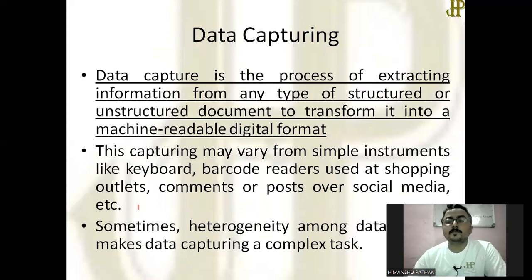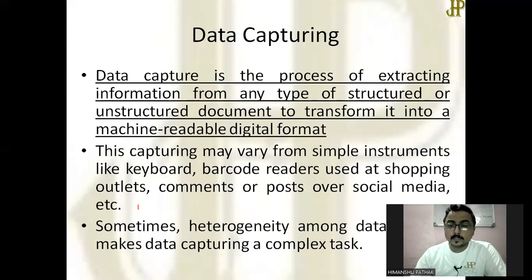So what is data capturing? Data capturing is the process of extracting information from any type of structured or unstructured document to transform it into a machine readable digital format. Clear?